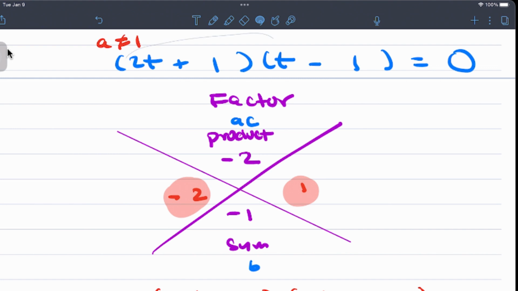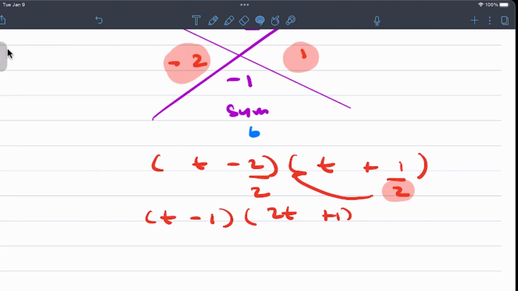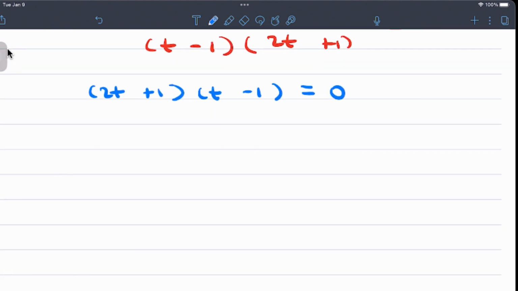So what do you use here again? What was this called earlier today with the algebra we did? We talked about it.